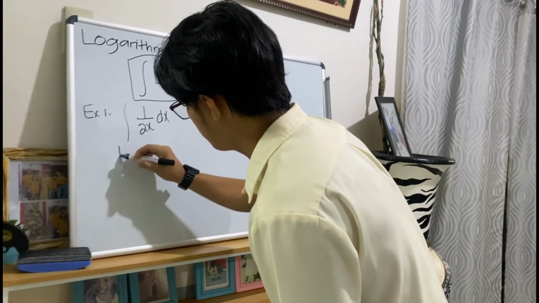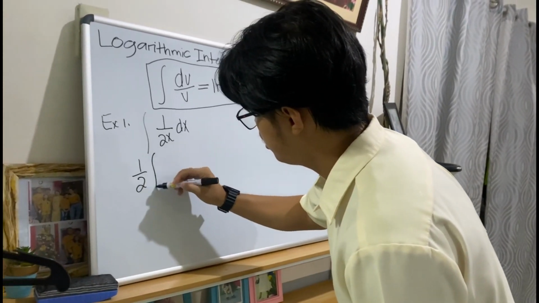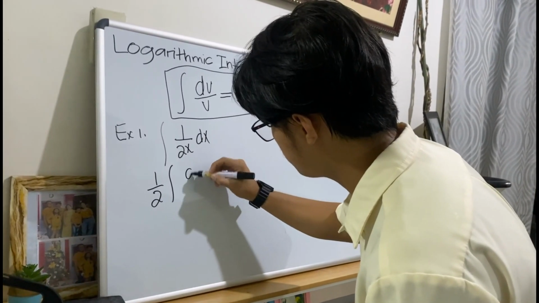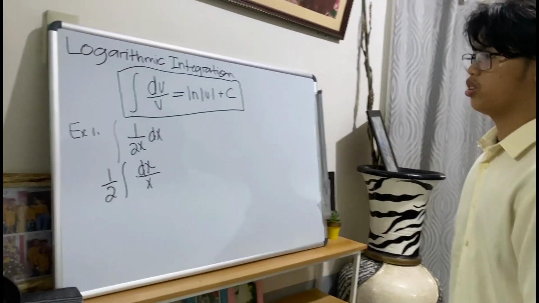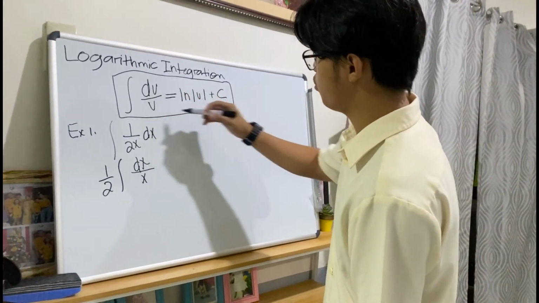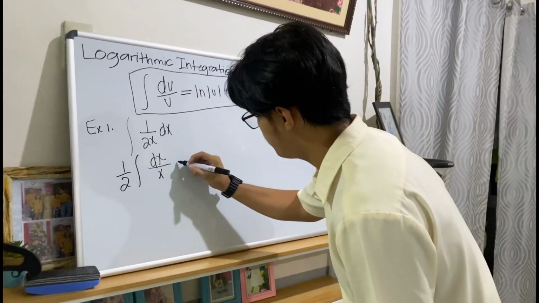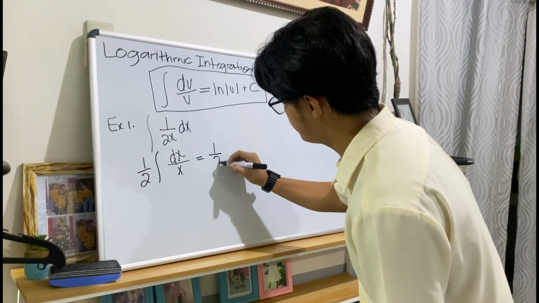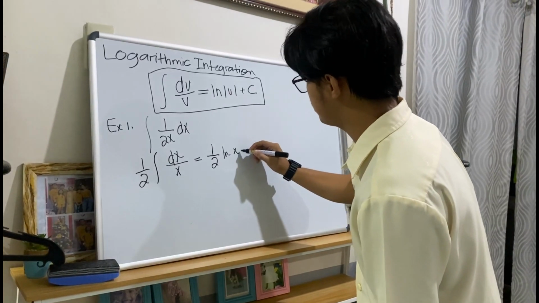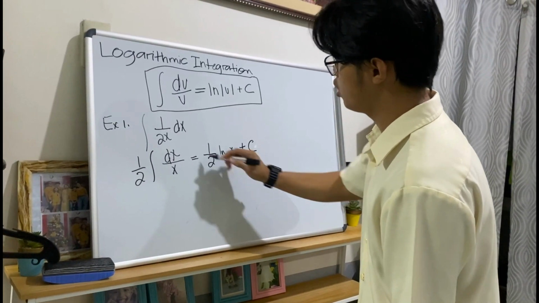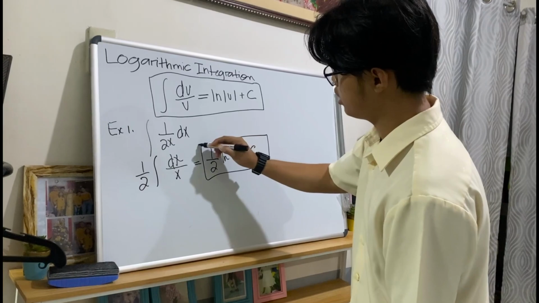Let's put 1/2 outside of our integrand. Then we have dx over x. So we can use this formula now. So we have 1/2 ln x plus c. So we have this as our answer.